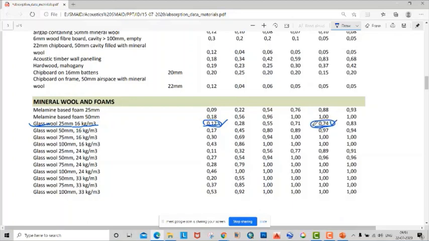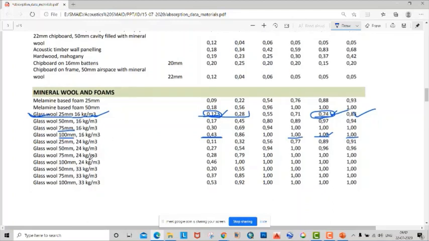Sound absorption coefficient is 0.74 for higher frequency. So for higher frequency, this is good. But for lower frequency, this is not performing very well, right? And if we increase the thickness of glass wool, for lower frequency also this is performing better than the previous one, and for higher frequency almost 100% of energy is getting absorbed, because the sound absorption coefficient is 1, right?